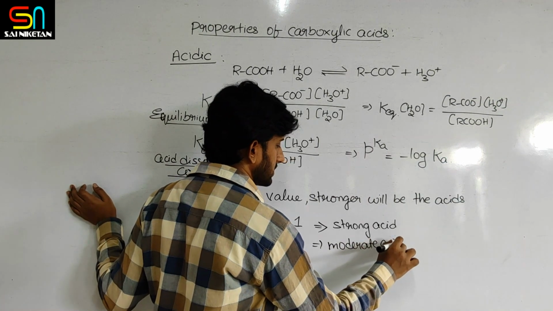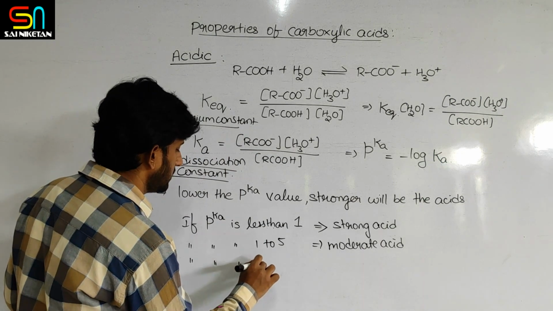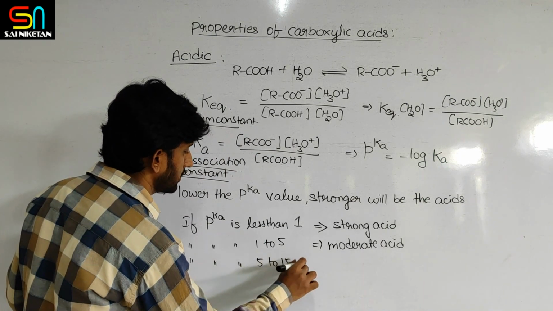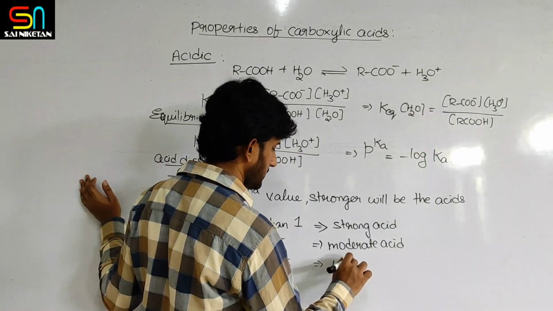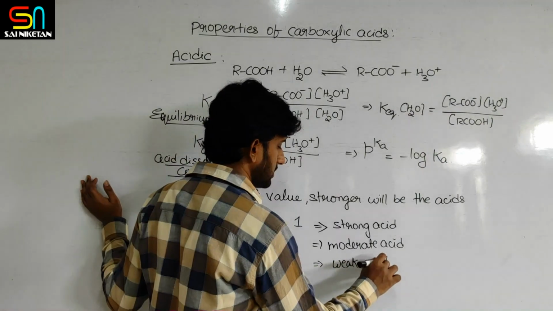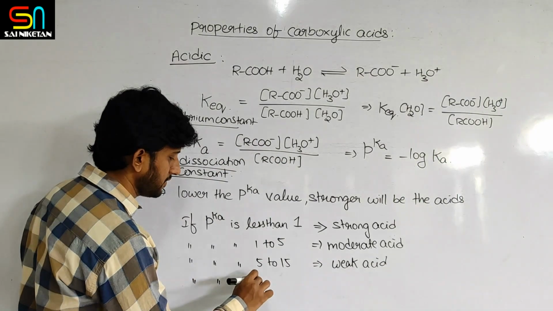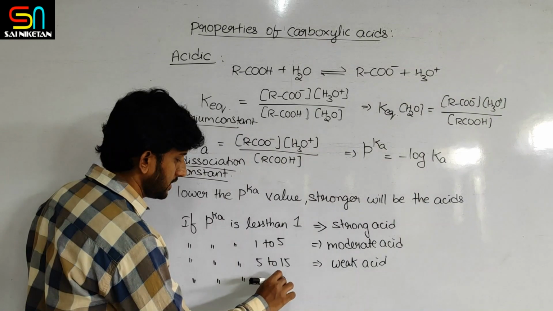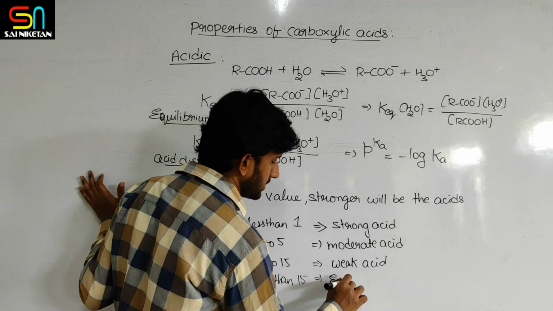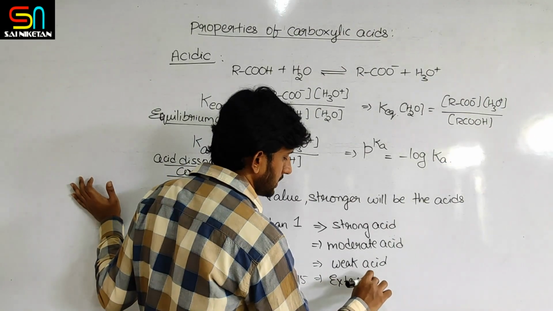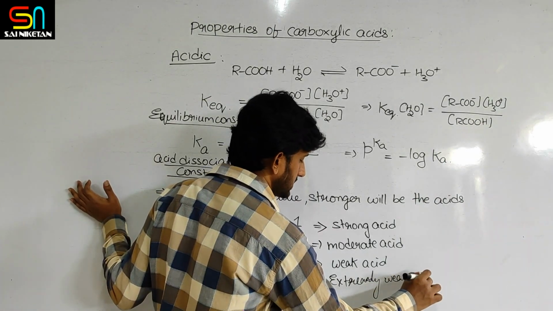If the pKa is 5 to 15, it is a weak acid. And if the pKa value is more than 15, then it is an extremely weak acid.